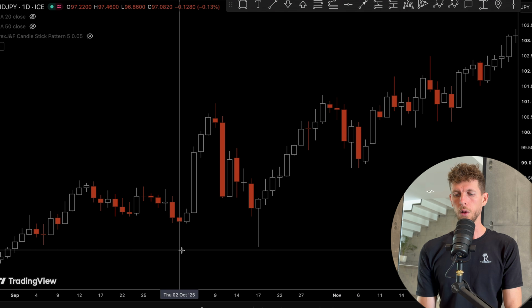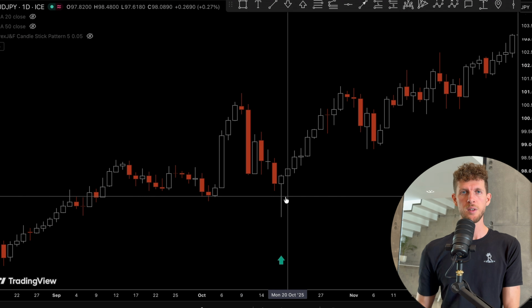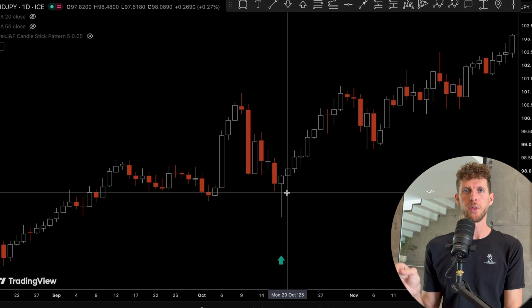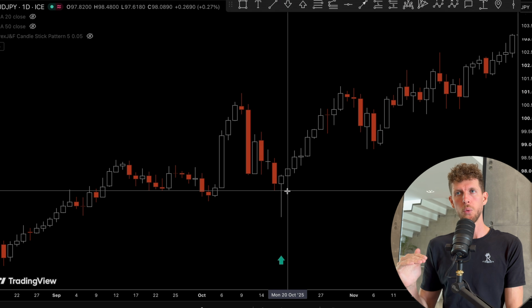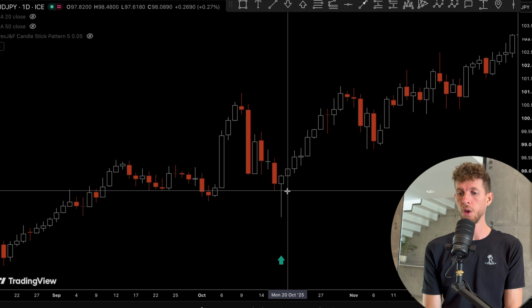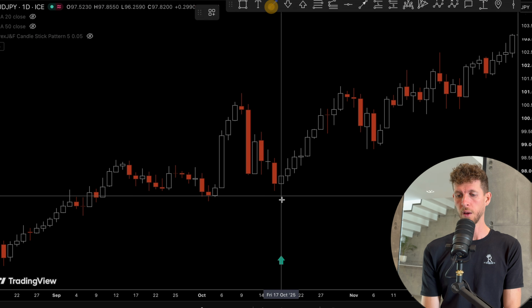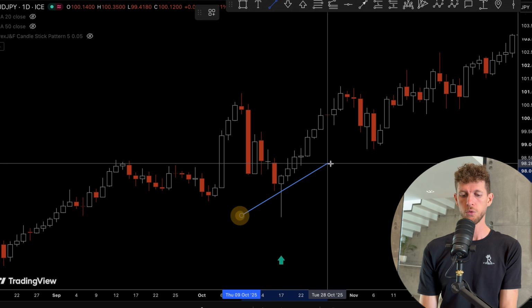Now, the low test candle or high test candle, what it essentially means is it's testing support and resistance levels, or testing an area there that has strong support and resistance, and it just doesn't have the power to push through that barrier. So for example, you could have here a really strong trend line that it's rejecting.